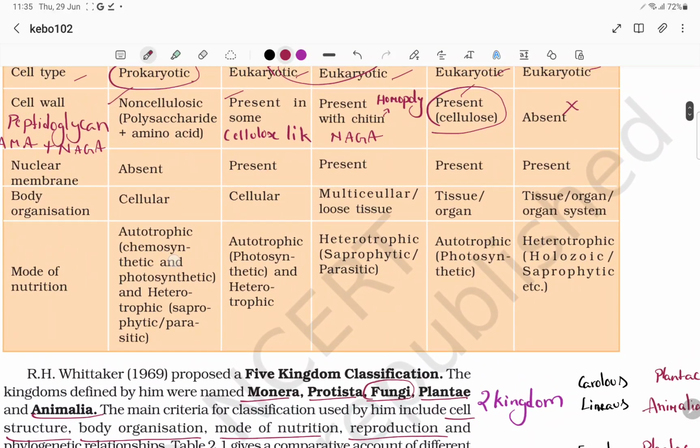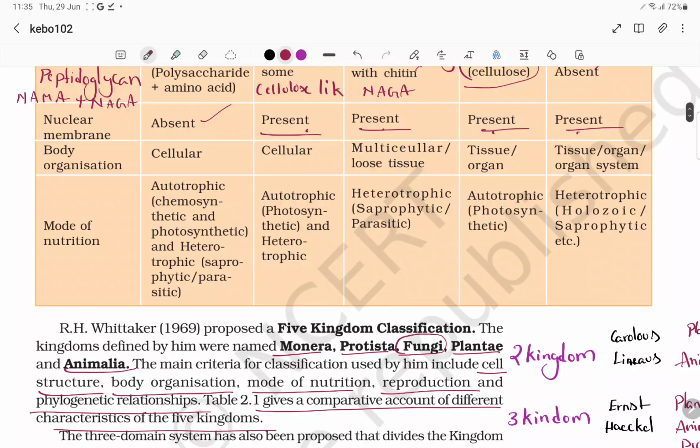Coming to the nuclear membrane. As you know, in the prokaryotic it is absent, but for the eukaryotic, in all these scenarios, the nuclear membrane is present. The next thing is body organization. Kingdom Monera and Protista have a cellular level of organization, made up of unicellular forms.